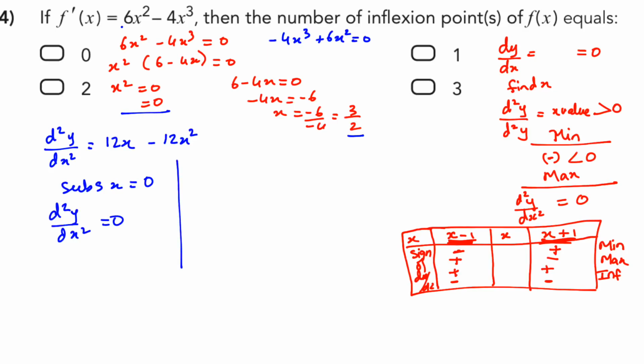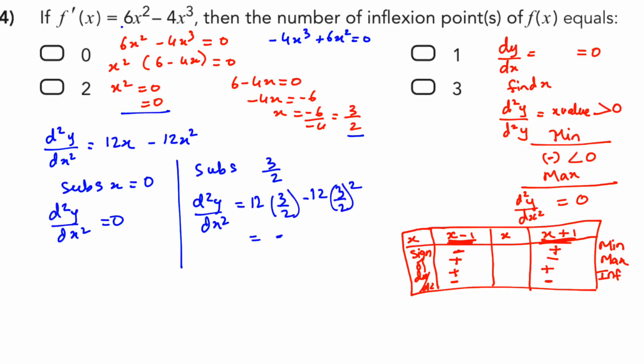Now let's substitute when x is equal to 3 over 2. So your d2y over dx2 is equal to 12 multiplied by 3 over 2 minus 12 multiplied by 3 over 2 square. You will get a negative answer less than 0. Therefore, this is a maximum point.